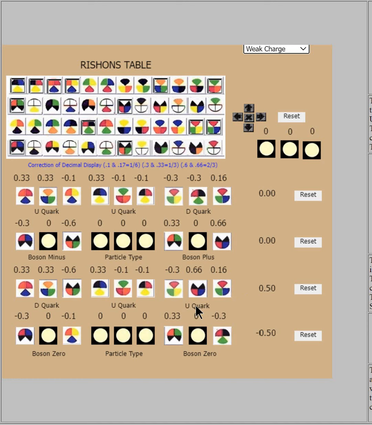Now, if we look at the C quark, then we will see that we have +1/2 for the C quark, which is a left-handed spin particle, which is what is indicated for the left-handed C quark.